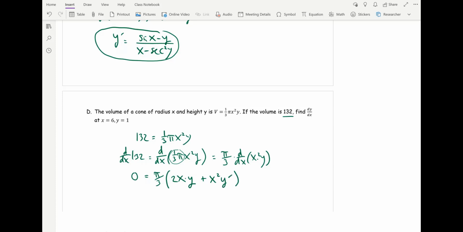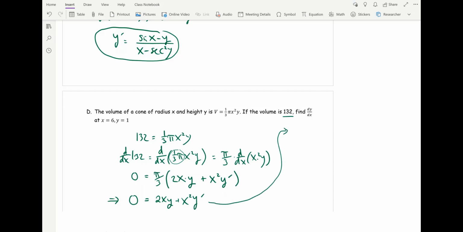So I want to solve for y prime. Now, since I've got 0 on the left, I'm just going to multiply both sides by 3 over pi and get rid of it. So 0 times 3 over pi is still 0, and that just gives me 2xy plus x squared y prime, which is a lot easier. All right, now I'm running out of space, so I'm going to move up here.